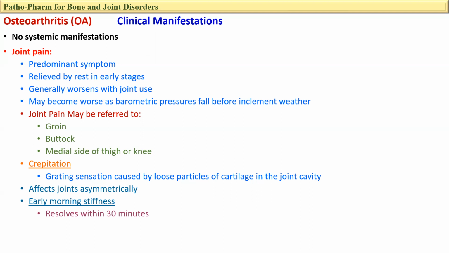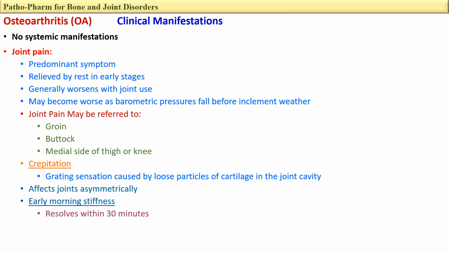And again, the most significant part is that osteoarthritis affects joints asymmetrically. A patient may develop it in both joints on both sides, right and left hip or knee, but it's asymmetrical. Even if both sides are affected, one is more serious and advanced than the other.